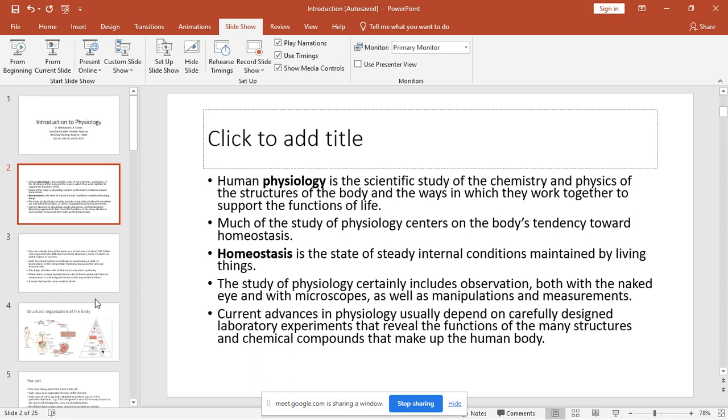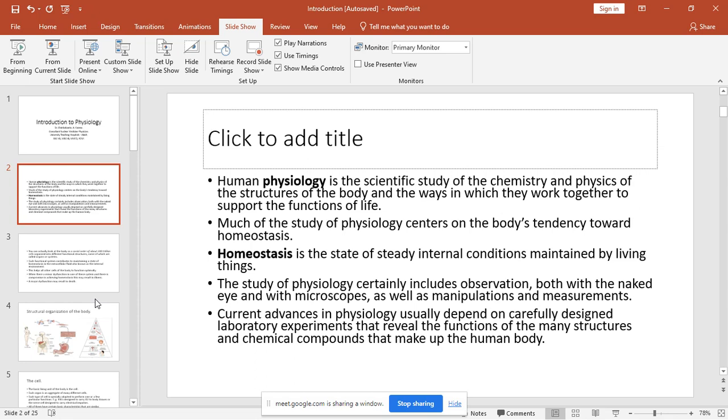So the study of physiology includes observation, both by using your naked eyes and by using microscopes, but it also involves manipulation of the different body processes with drugs.